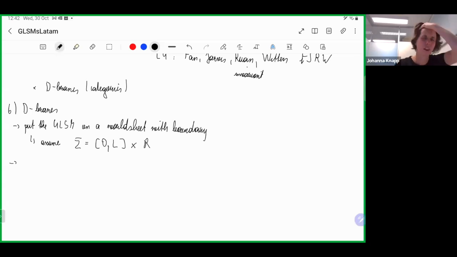So the best you can do is to preserve half of the supersymmetry, and that's what we're going to do. So we consider branes, or boundary conditions, I'll just say D-branes, that break half of the supersymmetry.